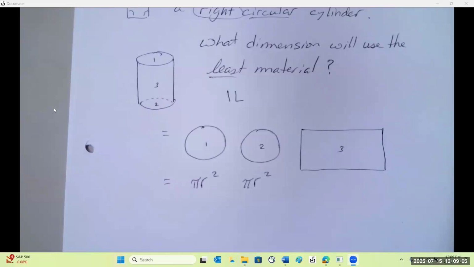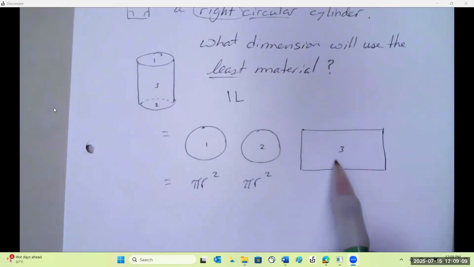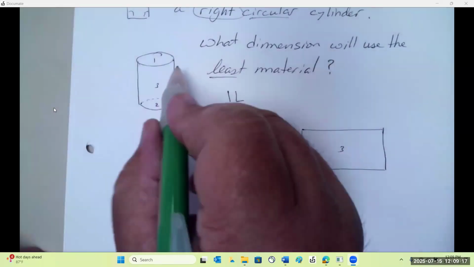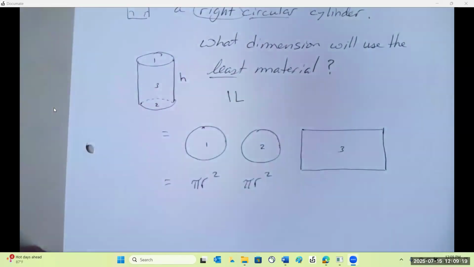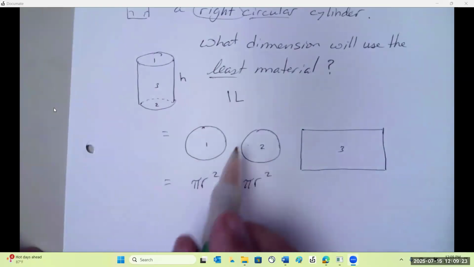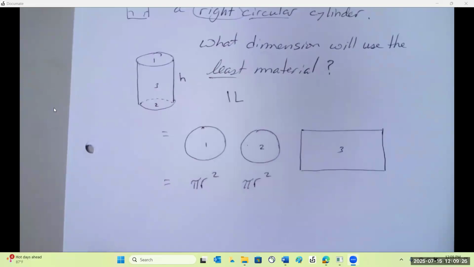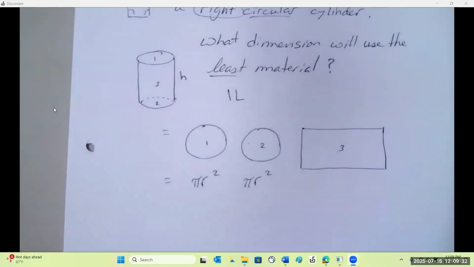And then we have everything else. We have the area of this region there. Right now, what we have here, we have the height. We have the area of both of these. But we can't really do that because that would give you a solid cylinder.